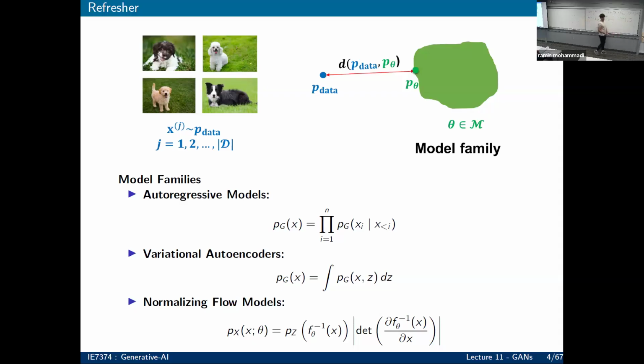Depending on the scenario, you can decide which one you want to use. The only difference is that instead of this term, you use that one, and then the difference becomes these terms.